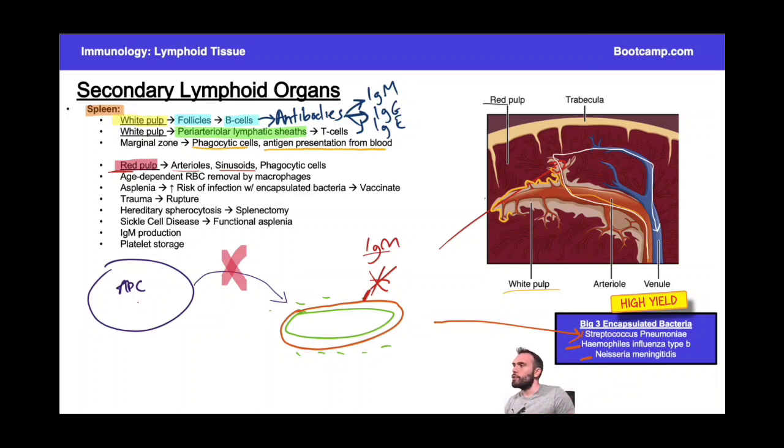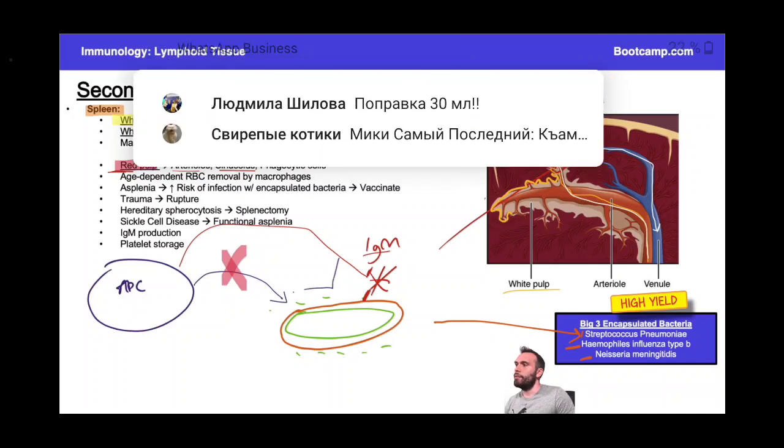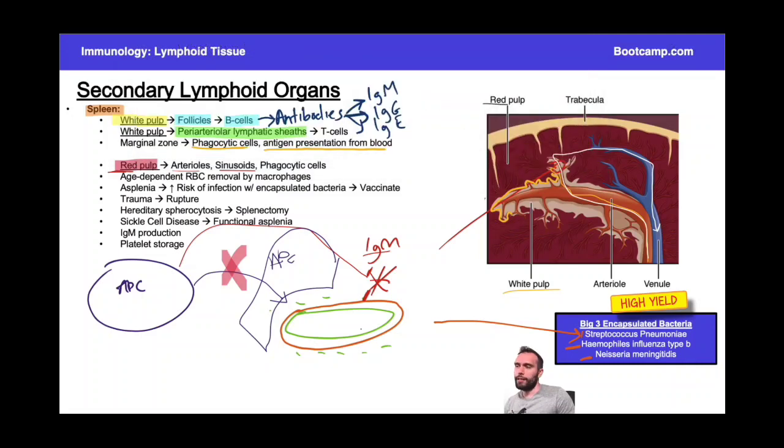Now certain antigen presenting cells can bind to the other portion of this IgM, which gives them the signal that they can digest this bacteria. Now the antigen presenting cell can engulf the bacteria because there was the IgM antibody on the surface.